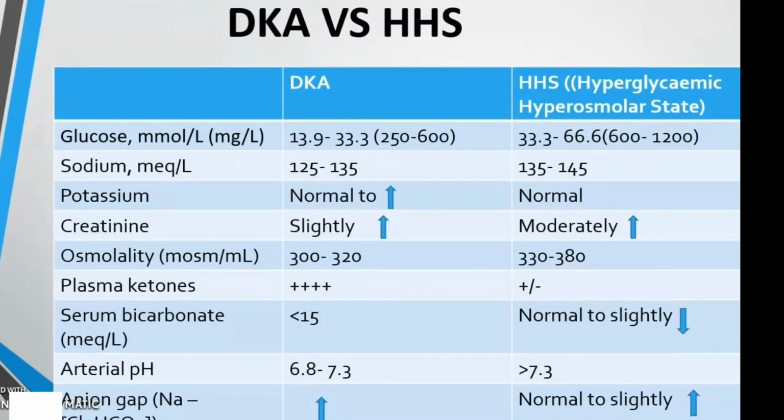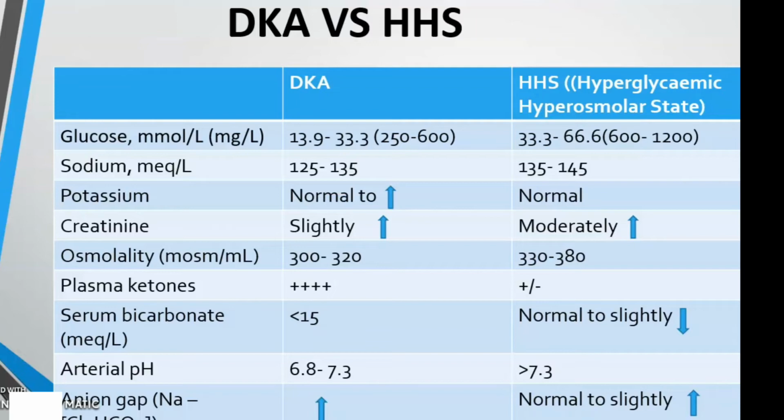Now, this is a table that gives you a glance of the parameters and their values seen in DKA as against HHS, which is hyperglycemic hyperosmolar state. The first is the glucose. In DKA, serum glucose is between 13.9 and 33.3, whereas in HHS it is much higher, 33.3 to 66.